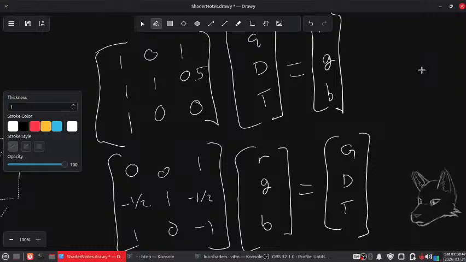That is why blue. Okay, so that's why blue is all messed up.